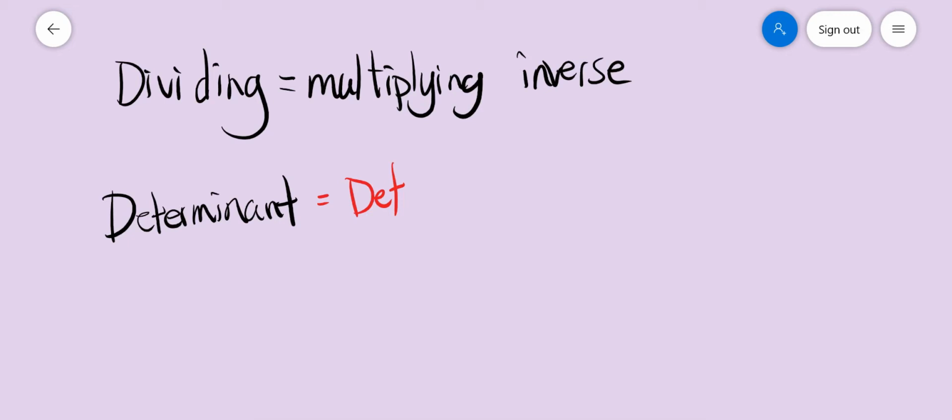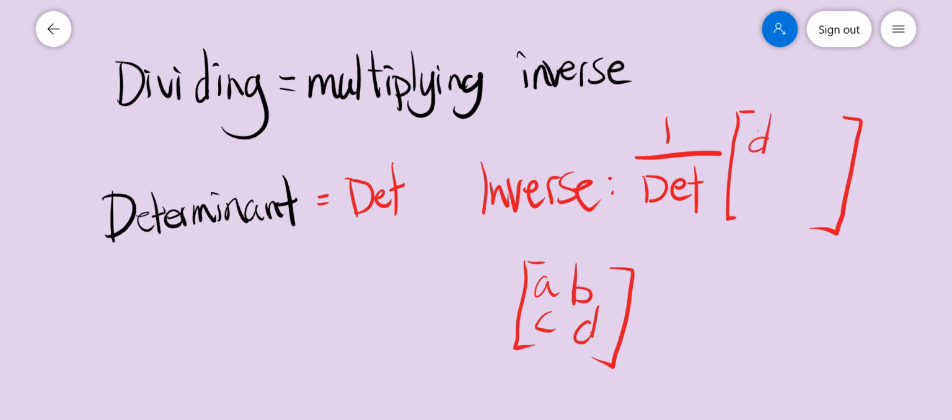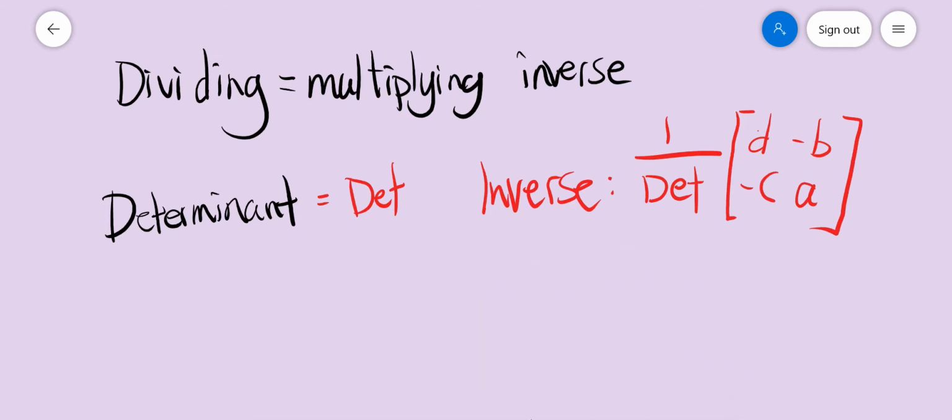So for inverses, what you do is you do 1 over the determinant of that matrix times, let's first say the matrix is A, B, C, D. We swap A and D like this, and you give a negative sign to B and C. It's kind of confusing, but you can remember it. It's just swapping and then negative sign. First, you swap and then you do negatives, okay?